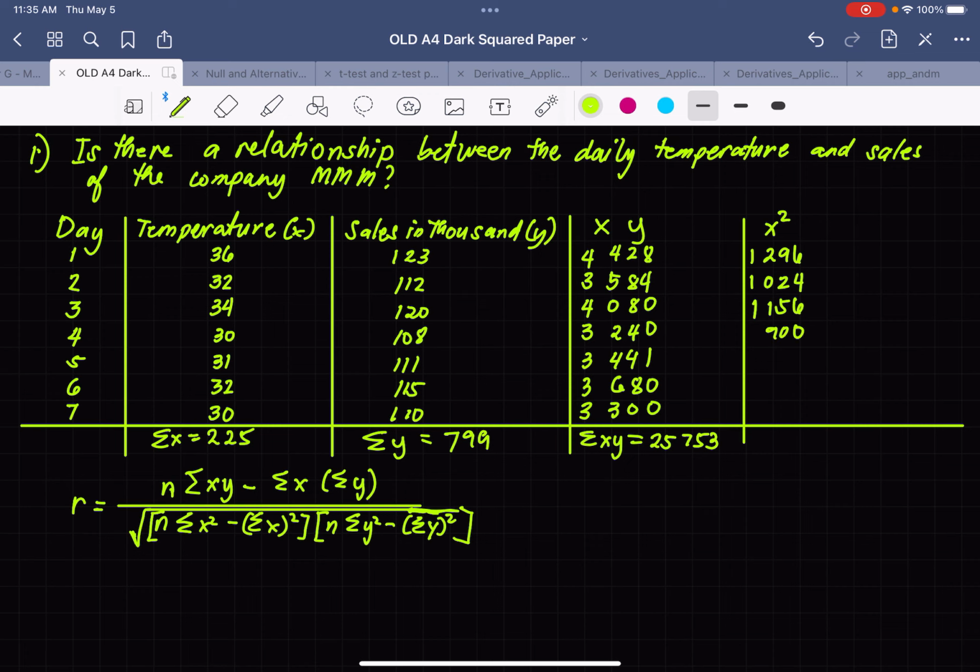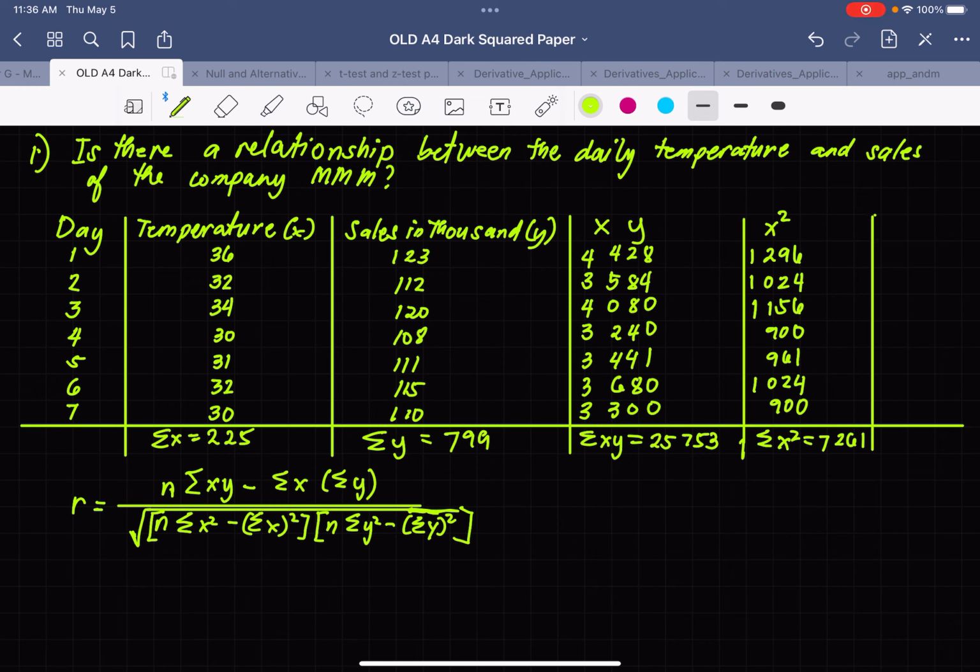Next, 31 squared is 961. Okay, next, 32 squared, 1,024. And last, 30 squared is 900. So if we take the sum of these, the summation of x squared is equal to 7,261.